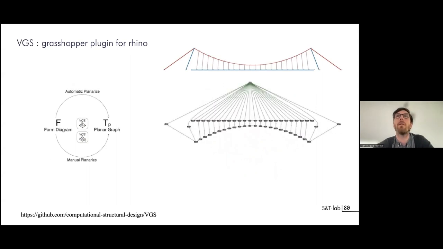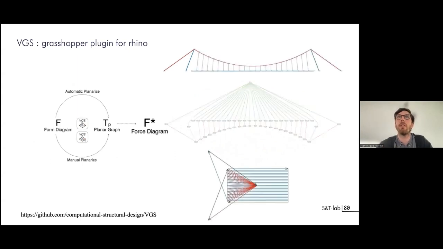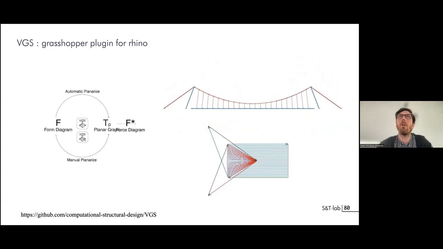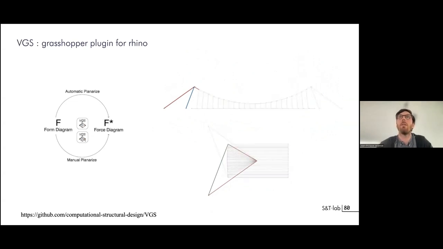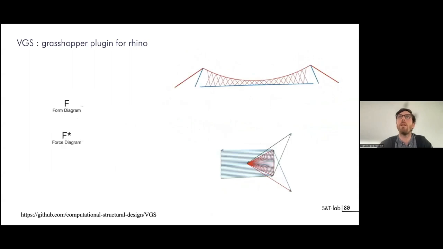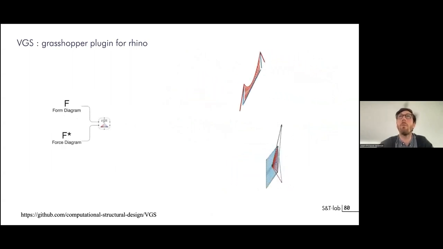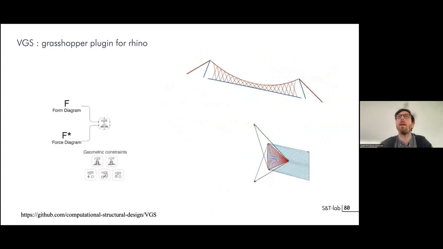For that, VGS allows you to do it manually or automatically using the algorithms that were presented. With this information together, we have a form and a force diagram that are interdependent. So to each node of the form diagram corresponds one cycle in the force diagram. And then we plug them together in the transformation module that relies on Kangaroo.